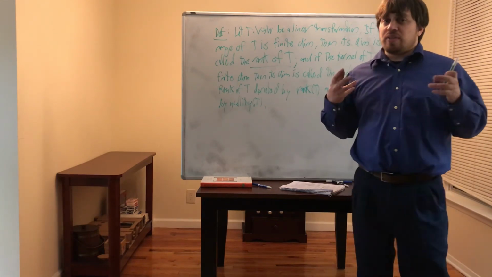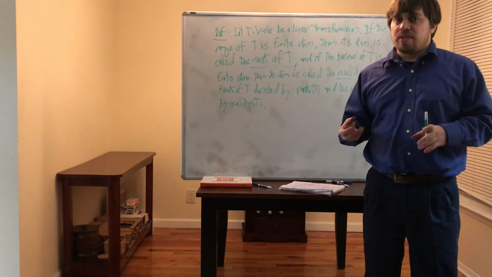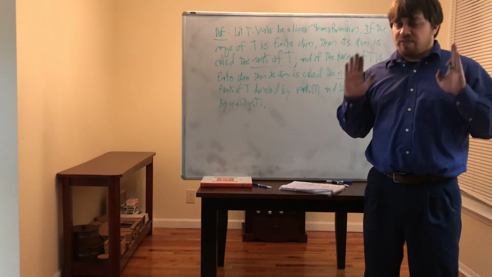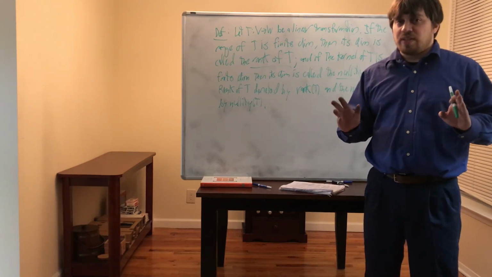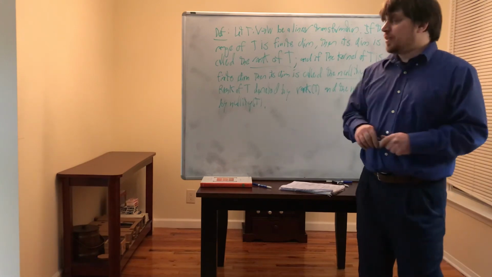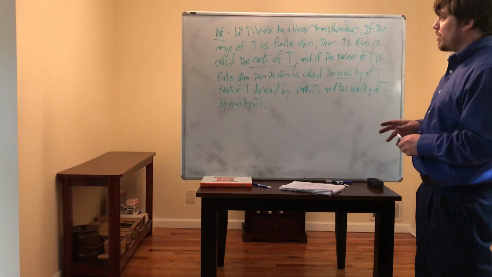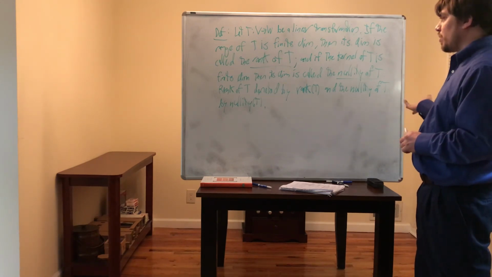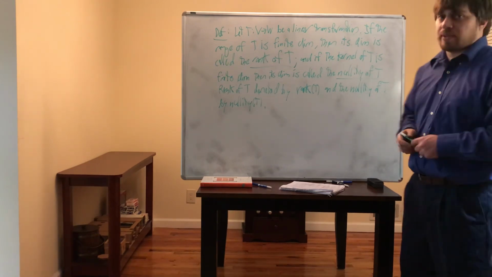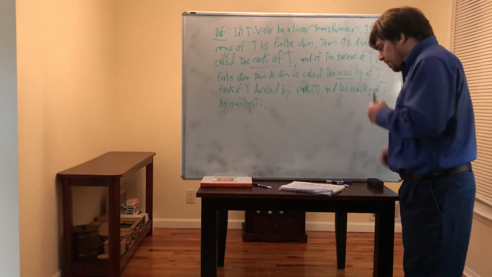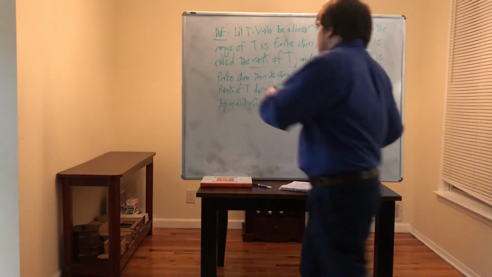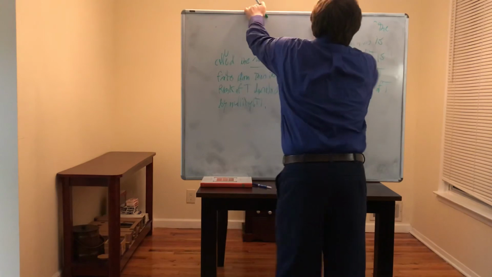If a basis consists of exactly finitely many vectors, it's finite dimensional. The dimension of the range of T is the rank of T, and the dimension of the kernel of T is the nullity of T. That's the definition of the rank and nullity of a linear transformation T.